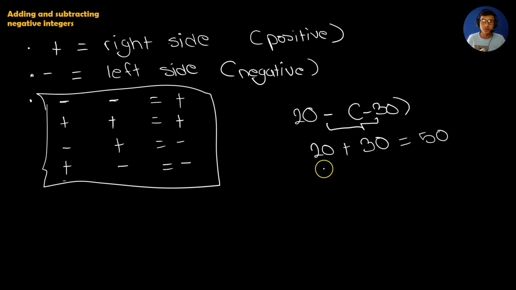So our equation became 20 plus 30, and we had an add sign, so we knew we were going to the right side of our number line, the positive section. So positive 20 plus positive 30 equals 50, or positive 50.